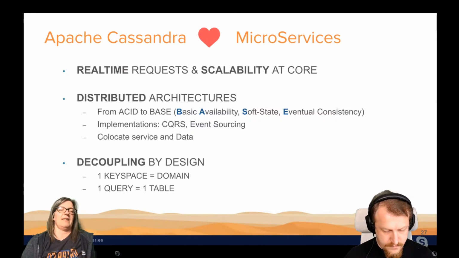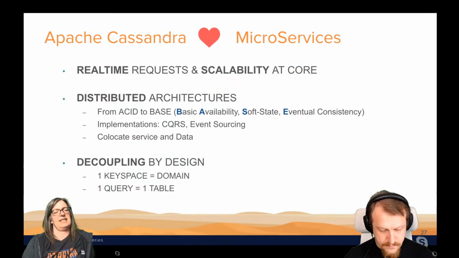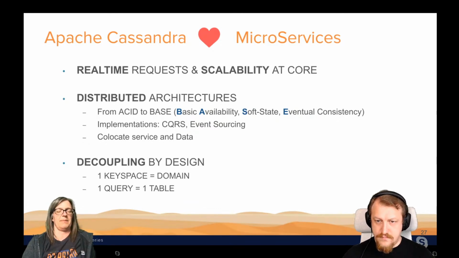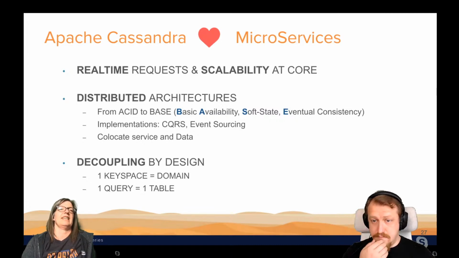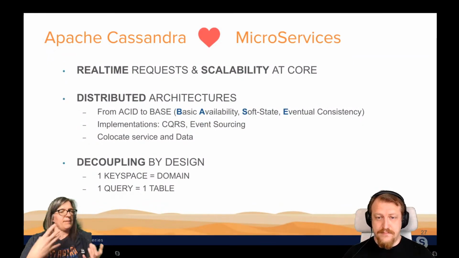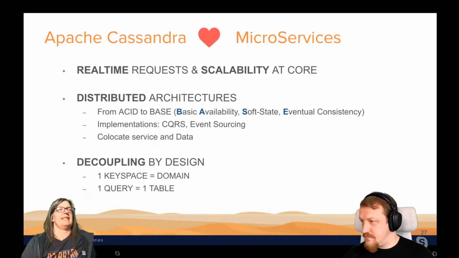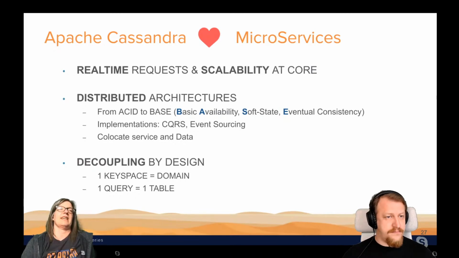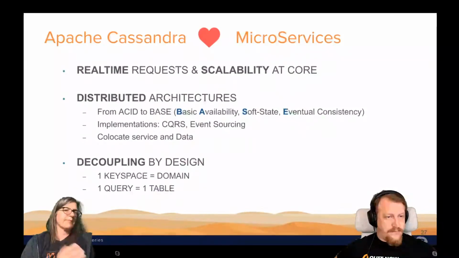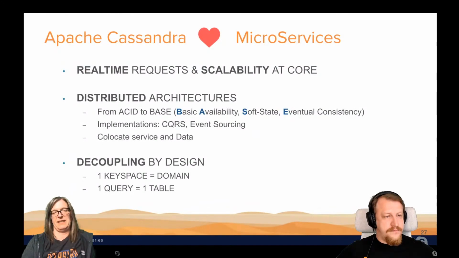So our recommendation is that you would have one keyspace per application and one table per query. That makes the data modeling for Cassandra very simple and makes it very simple to support your application and your fast queries. So it's a good match for these kinds of architectures. I think that's an example today of how to build that with Spring.